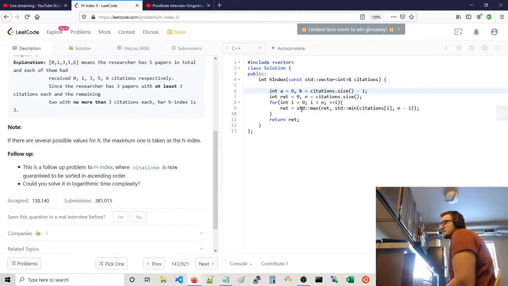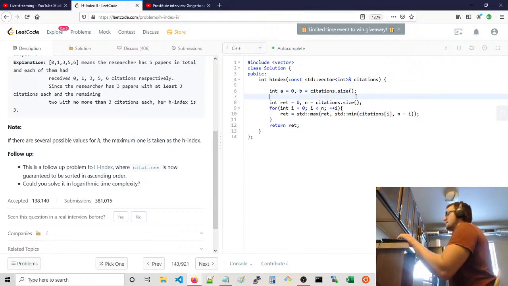So if you had 10 papers, the indices are from 0 to 9. The logarithmic search though actually is going to be from 0 to 10. So let's do it that way. Let's think about it that way.